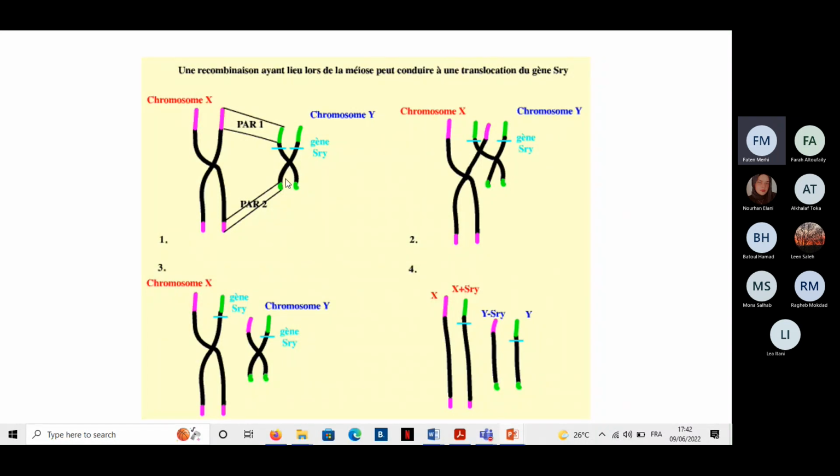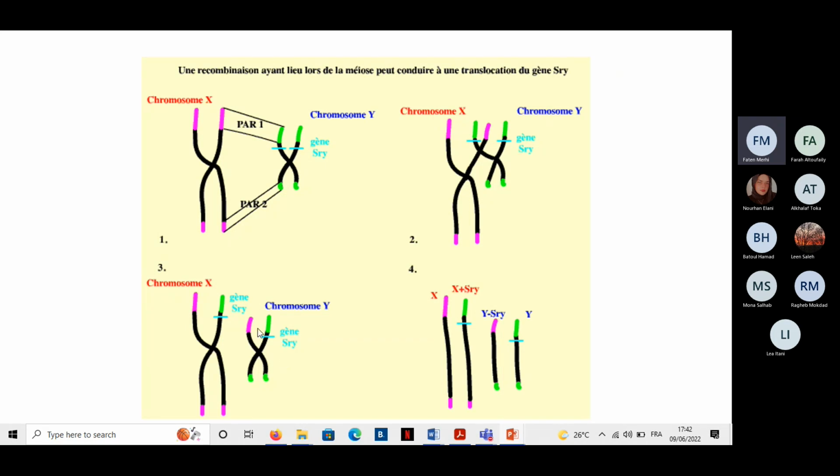This will lead to gametes carrying a Y chromosome without this SRY gene. And then if this gamete fuses with another gamete carrying an X to give an XY zygote, this Y chromosome is lacking an SRY gene.